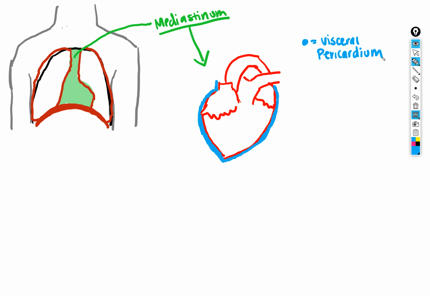And that means that it covers the surface directly. And then it folds over at the top. And then we have a layer that lines the mediastinum itself, and that is the parietal.